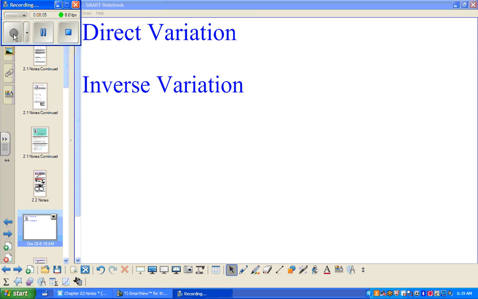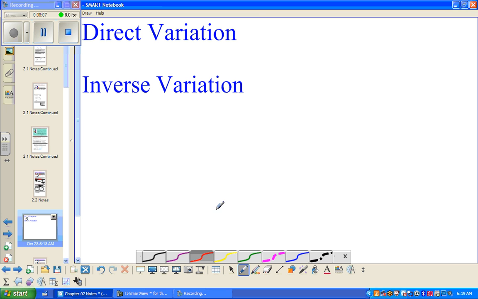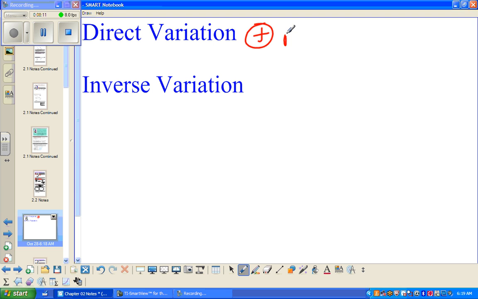So when you have positive powers, you have direct variation involved. And then when you have negative powers, you have inverse variation involved. So power function formulas with negative powers are statements of inverse variation.